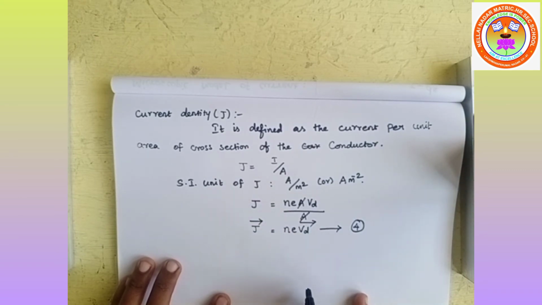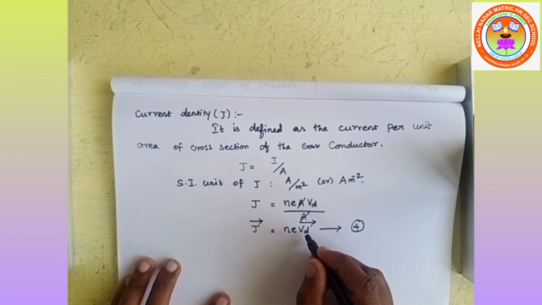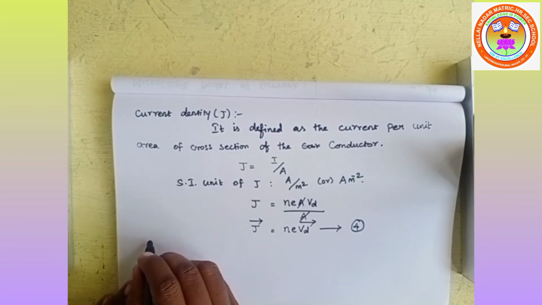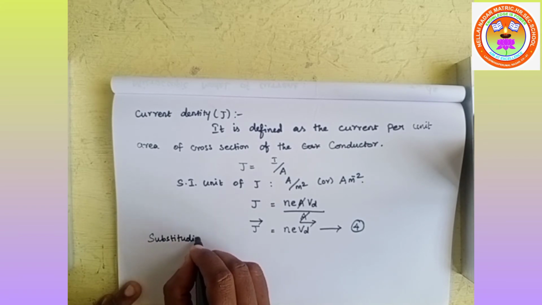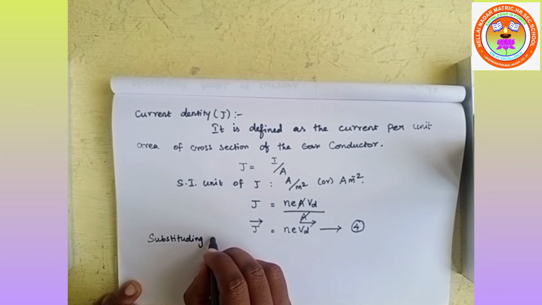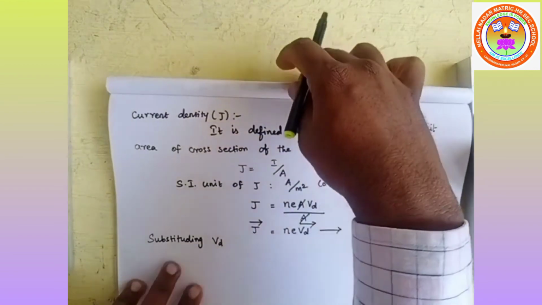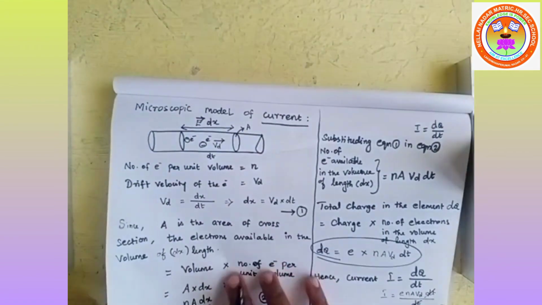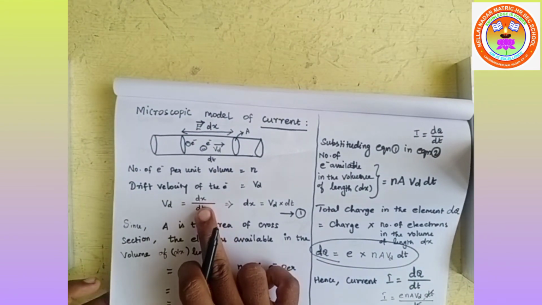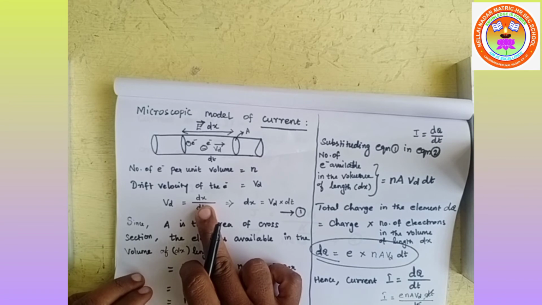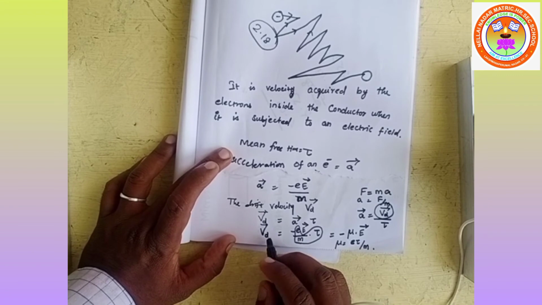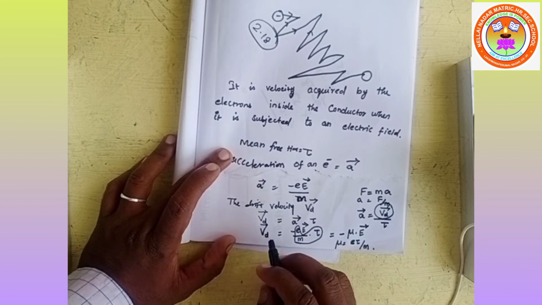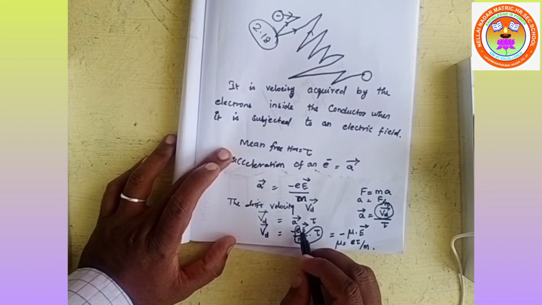Okay students, now we substitute the value of the drift velocity in the equation. What is vd? vd is equal to dx divided by dt. And from the definition of the drift velocity, last class we discussed vd is equal to minus E vector divided by m into tau.